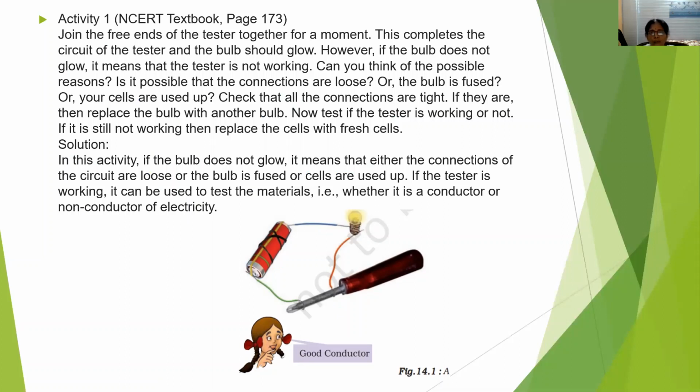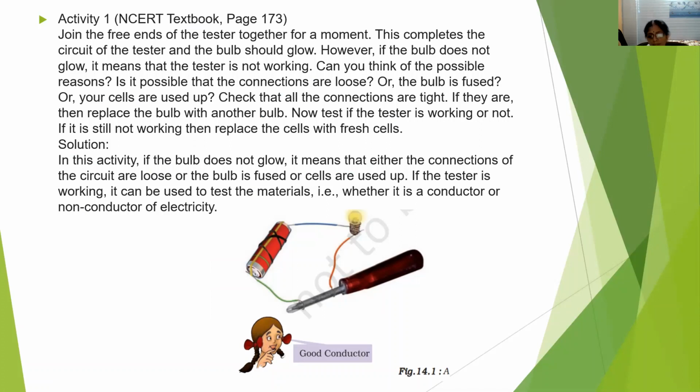How do we find out how the tester is used to find out whether the given substance or material is a good conductor or poor conductor of electricity? Now what we have to do is join the free ends of the tester together. The tester includes, as given in the figure, two conducting wires.